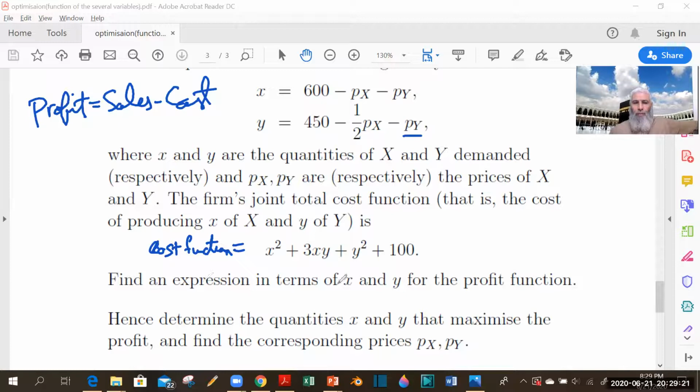Find an expression in terms of X and Y for the profit function. Should we use something like economic functions here, or can we use what's already given?